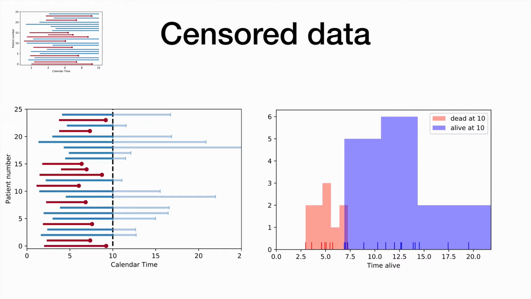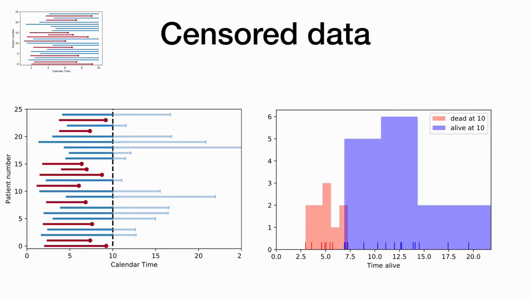Although it might be desirable to observe the distribution of survival times for our sample, we just don't have this full distribution. So the red distribution here to the left is the only part we can really depend on.